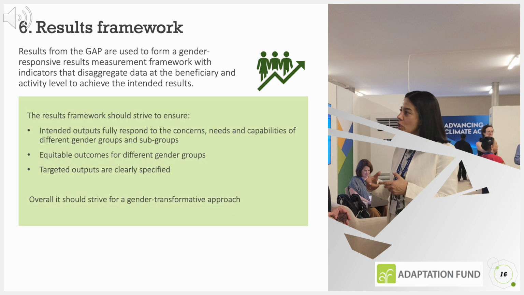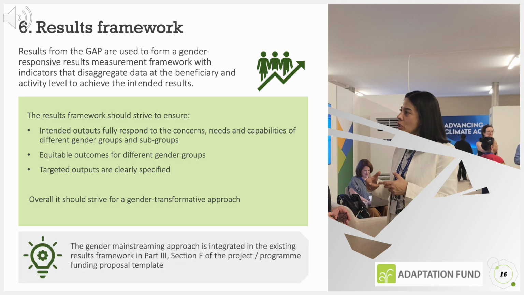The results framework should strive to ensure intended outputs fully respond to the concerns, needs, and capabilities of different gender groups and subgroups, equitable outcomes for different gender groups, and that targeted outputs are clearly specified. Overall, it should strive for a gender transformative approach. The gender mainstreaming approach is integrated in the existing results framework in Part 3, Section E of the project proposal template.